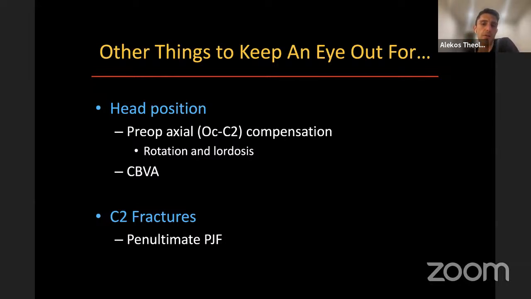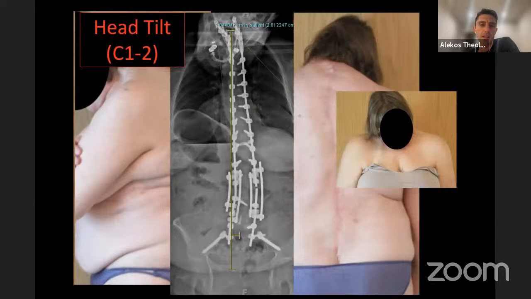And we'll talk about what to potentially expect after surgery. And then also keep in mind the CBVA angle on correcting these, and then C2 fractures, which was the penultimate PJF. So the case from fellowship, courtesy of Dr.